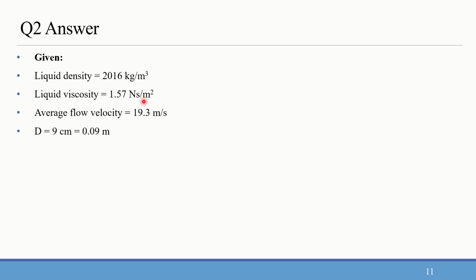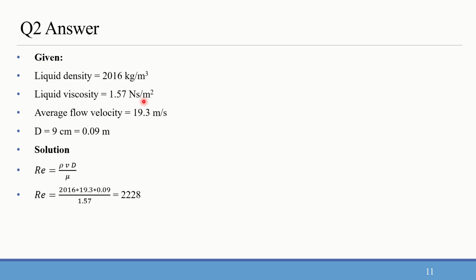Now we need to know what is the Reynolds number. To find the Reynolds number, we have the formula Re is equal to rho into V into D by mu. Now we are substituting all the known parameters in the equation.